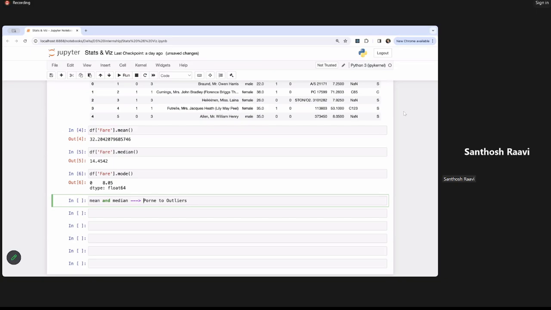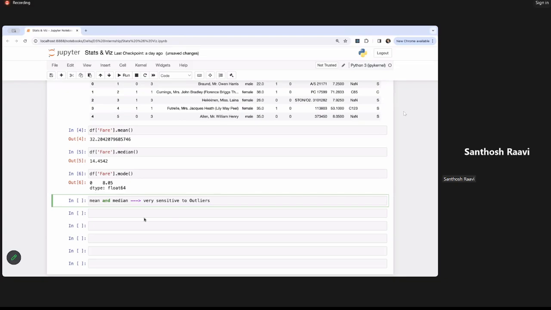Nothing but they are very sensitive. We can call it very sensitive to outliers. If you are having outliers, then mean and median may get deviated, whereas mode is not sensitive to the outliers.